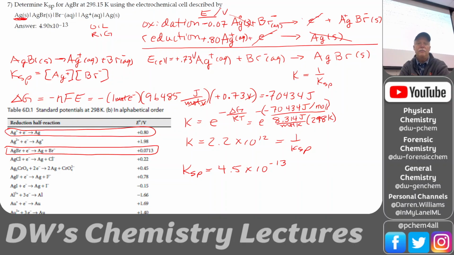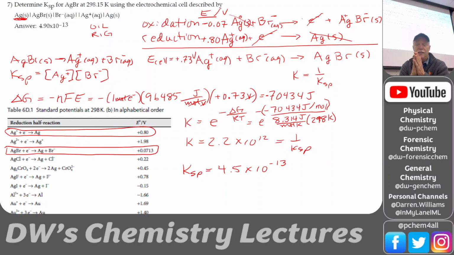Then once we have the electrical potential for that galvanic cell reaction, we can find the delta G. And once we know delta G, we can get the equilibrium constant. And then once we recognize that that reaction is actually the opposite direction of the KSP experiment, we can invert that equilibrium constant and get the KSP.